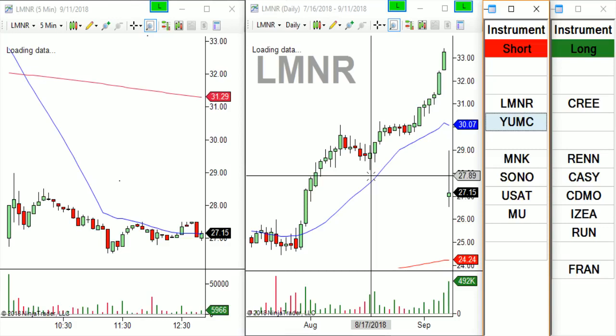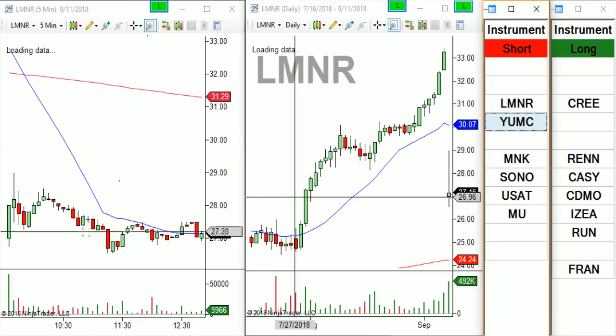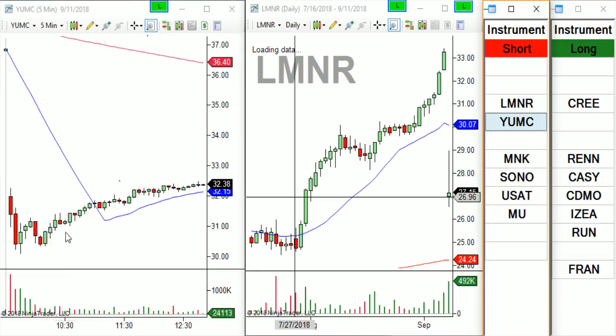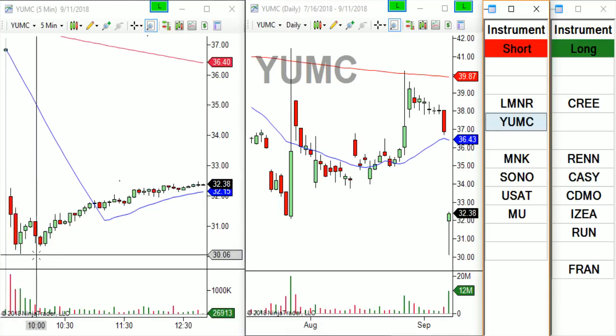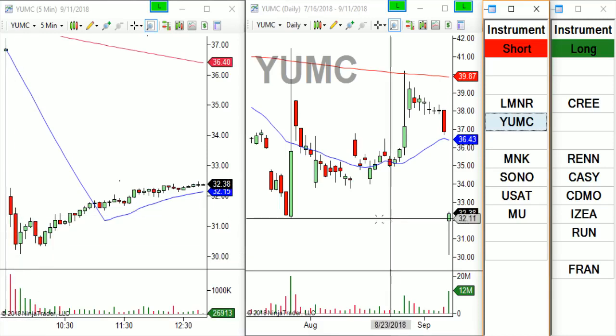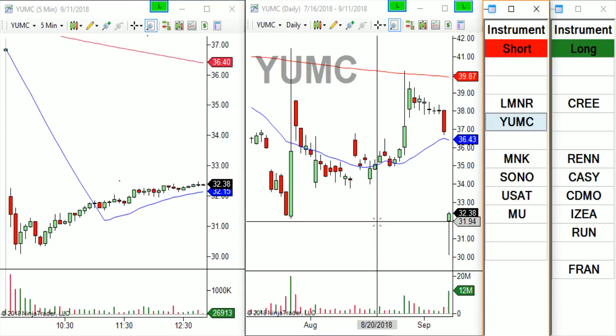YUMC was the only trade that I called today, which was a small loser, just close to target 1, but couldn't quite get it there. We played this at the open. YUMC was a tier 2, and the reason being was because we were gapping right underneath the support, but we were coming from a red bar, so it wasn't a tier 1.